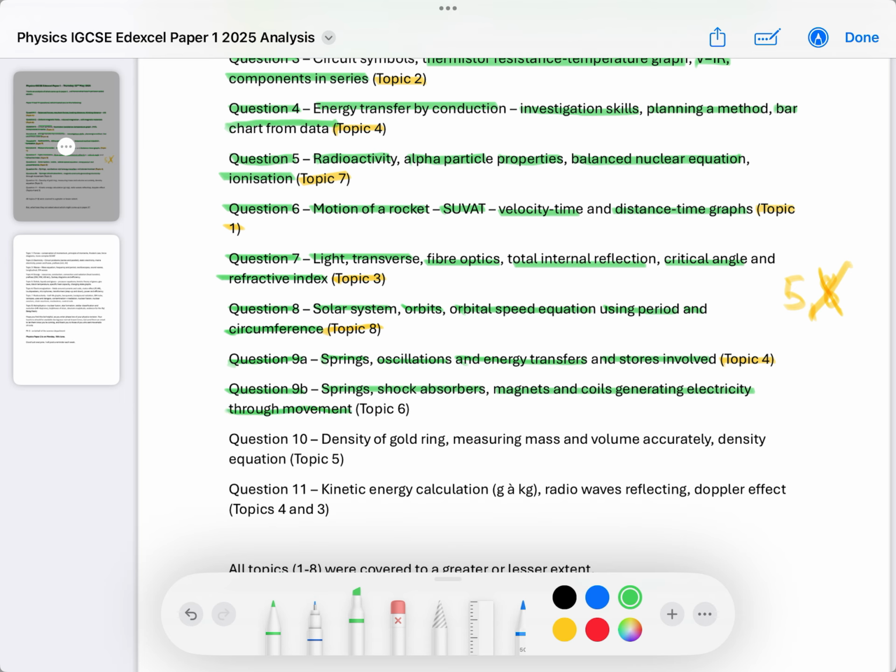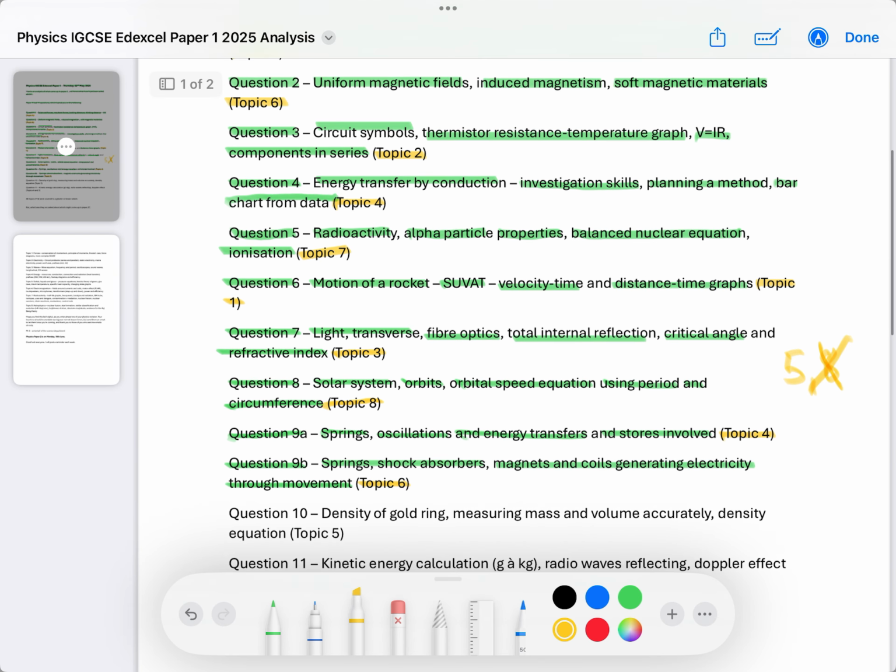So the movement of the oscillations creates electricity. So topic 6 is covered again. So we had earlier topic 6 about magnetism, and here you got electromagnetism, the coil generating electricity.